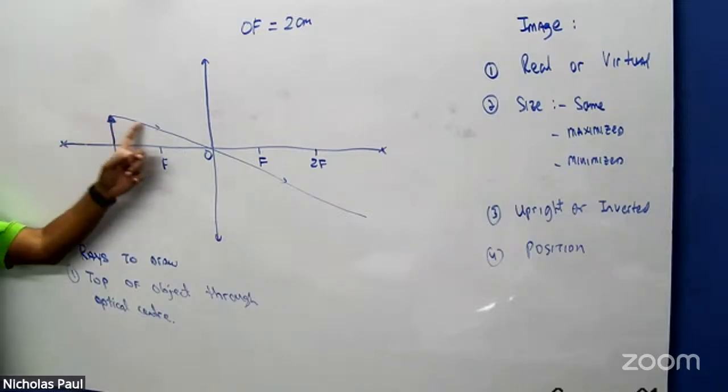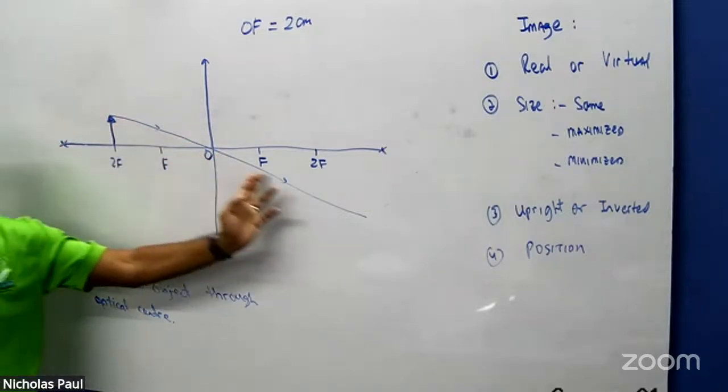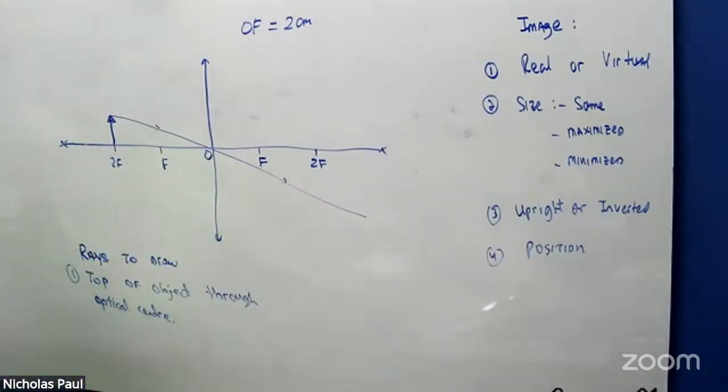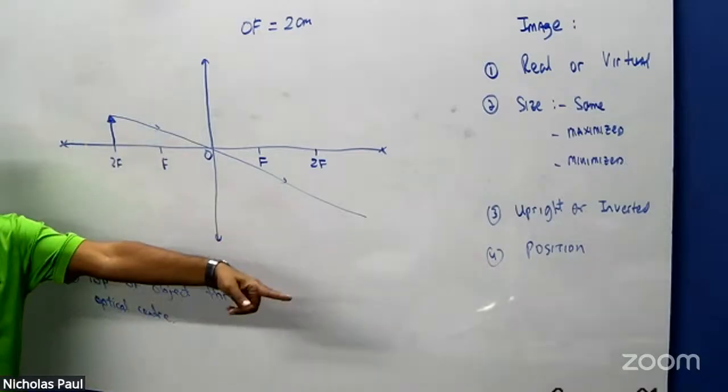Top of the arrow through the optical center, and you will get a nice straight line. You have to be exact. Draw the line all the way out to the opposite side.